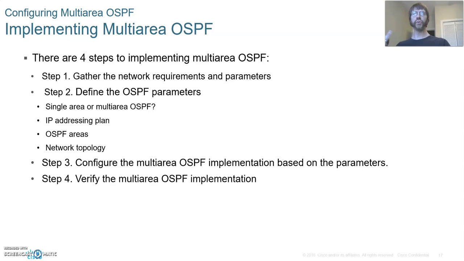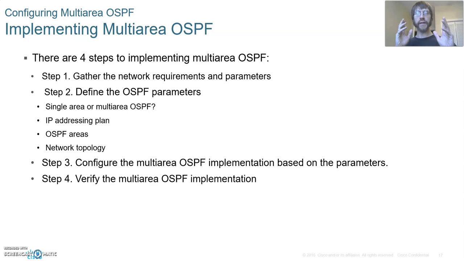You look at your addressing plan, your network topology, and then you can decide, is this single area or multi-area? Because we are talking to some degree about the scale of the network. That may be a key point in favor of single versus multi. If you've got a very large number of routers, then you don't really want all of them talking to each other, converging on a single LSDB, even if they're in a very small area.